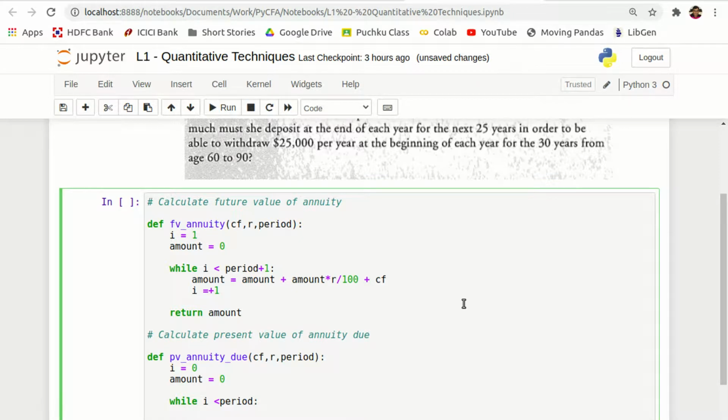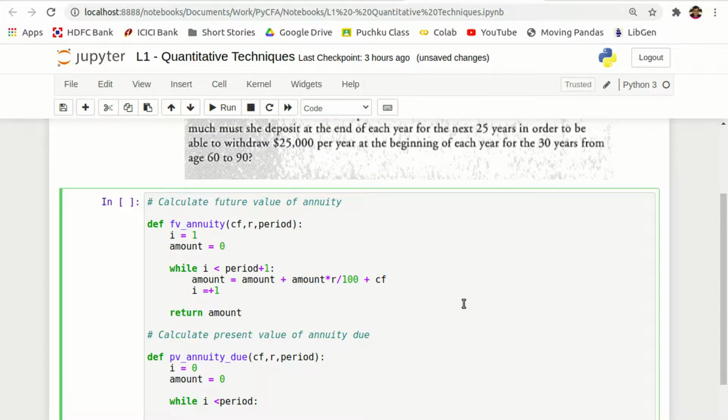So for every year in the period, what will be its contribution to the present value? It's going to be the present value of the cash flow discounted to the year.